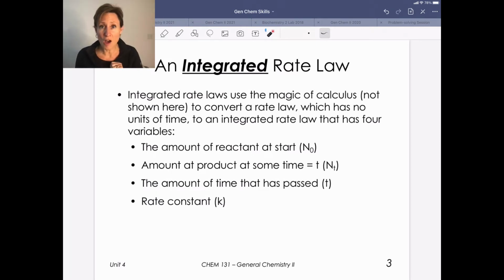And then we had a rate law, rate equals rate constant times the concentration of reactants raised to powers, right? If we set those two rates equal to one another and we have this magic of calculus, we basically can get to what's called an integrated rate law. Integrated rate laws have 4 variables: the amount that we start with, the amount that we have left, the amount of time that has passed, and the rate constant.